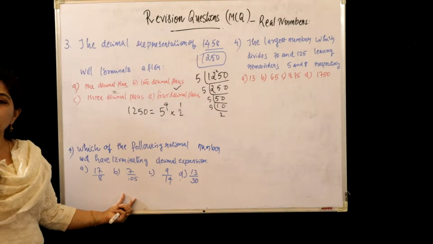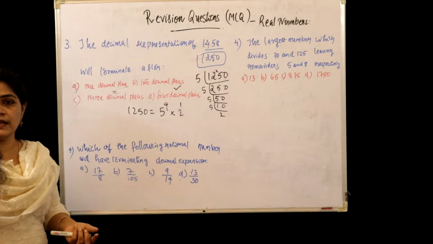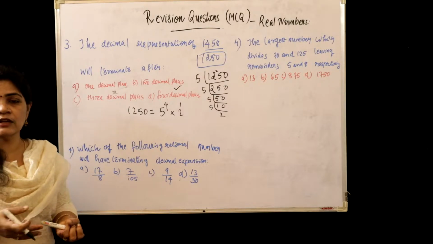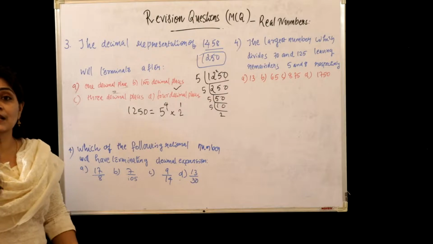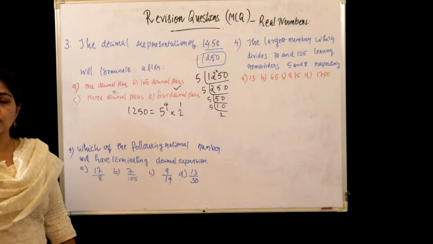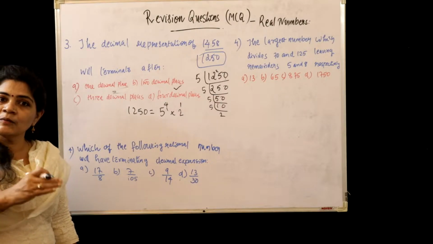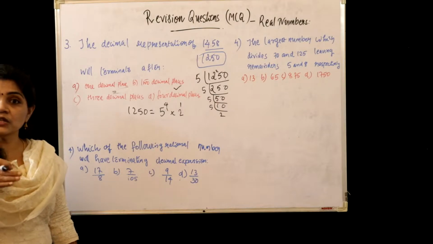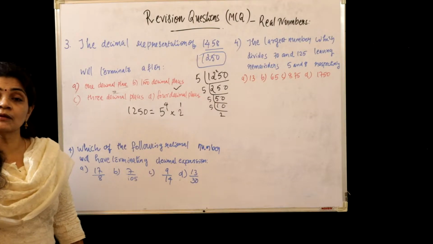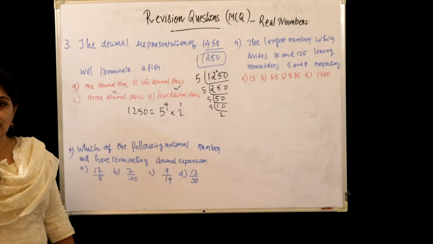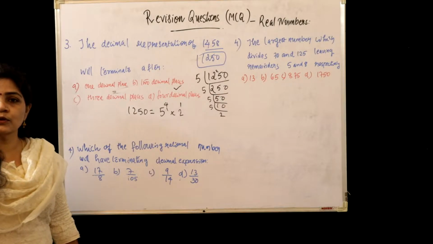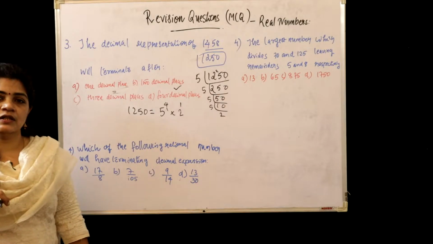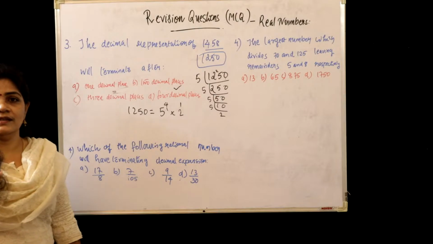A rational number will have 2 types of decimal expansion, that is either terminating or non-terminating repeating decimal expansion. So which rational number will have a terminating decimal expansion and which will have a non-terminating repeating one? That will be decided here also by the prime factorization of the denominator.